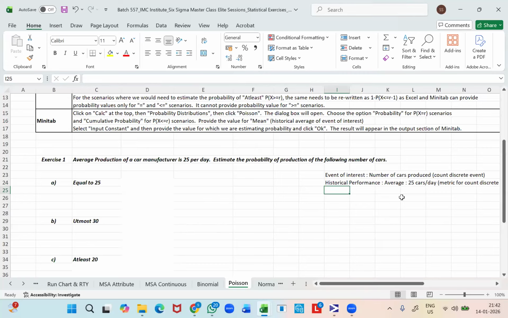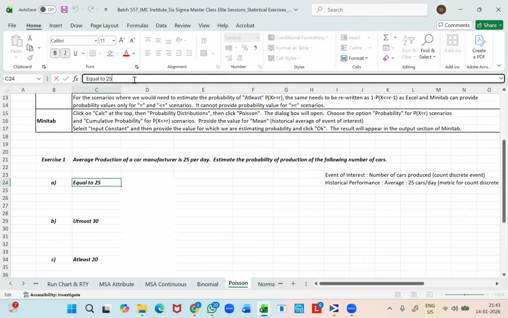So we can understand that this is a Poisson distribution exercise. This is how we need to identify, even though some of the things could be straightforward, but then we need to go through the steps and find out which probability distribution logic we are supposed to apply for solving a given case scenario. So the first section says equal to 25.